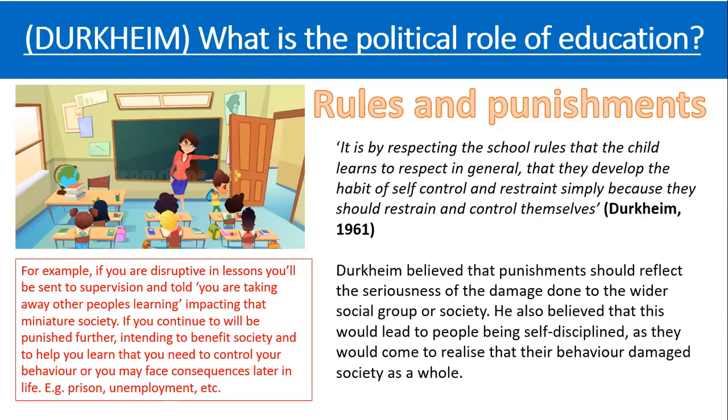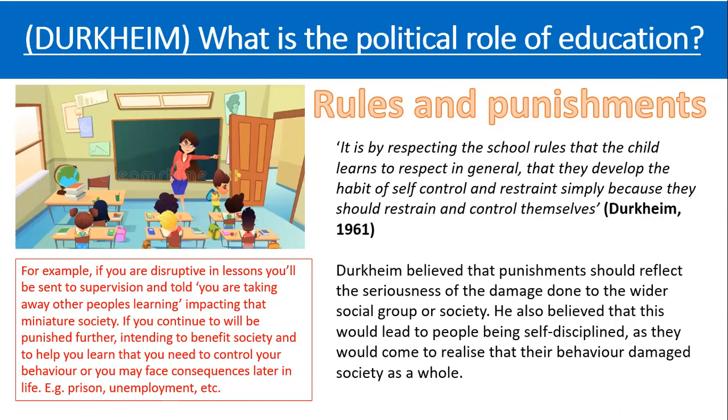So just like you're causing disruption for everyone else's learning, so you're impacting everyone in that microcosm there, you're being punished for that. And it's trying to reflect that if you do things in wider society that are going to be detrimental for others, like crimes or things like that, you're going to be punished because you are damaging not just yourself, but you're damaging society.